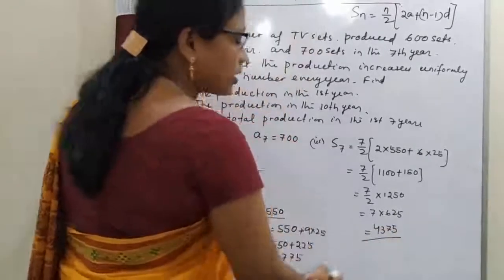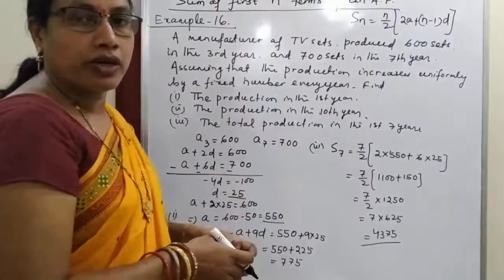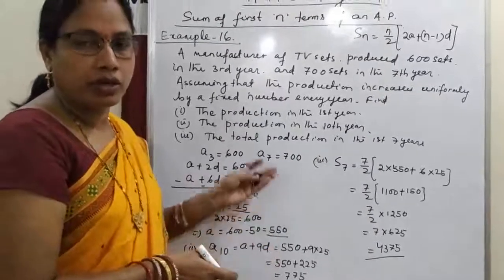So this is the total number of production in the first 7 years. So in this way we can solve other problems by using this formula.